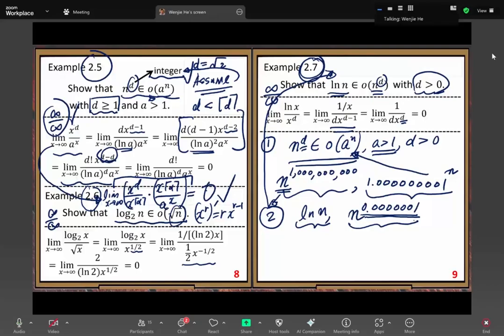Which one would eventually be larger than the other one? Here it's a similar situation as the first case, because if you base it on your intuition, it may not be correct. So here I'm talking about intuition.